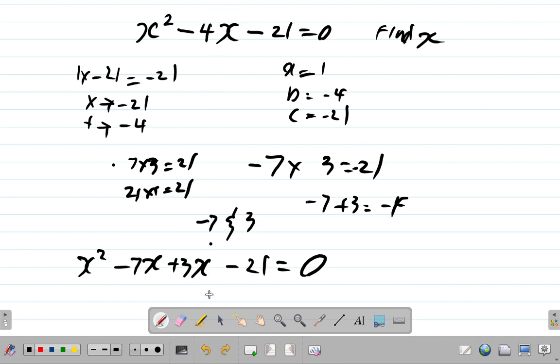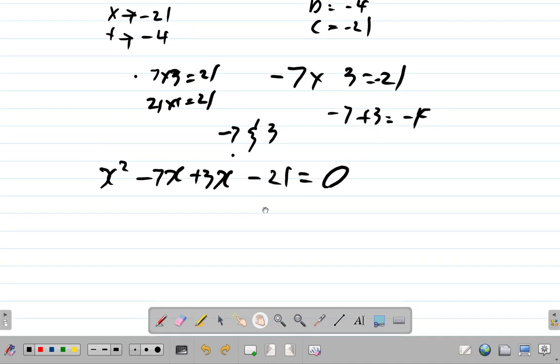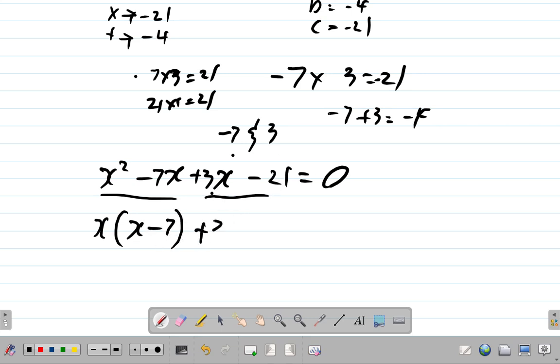So what happened here? We're going to factorize the x squared and the negative 7x, and we're also going to factorize the 3x and the negative 21. So the common factor here is x. We have x times (x minus 7) plus the common factor here, 3 times (x minus 7), equals 0.